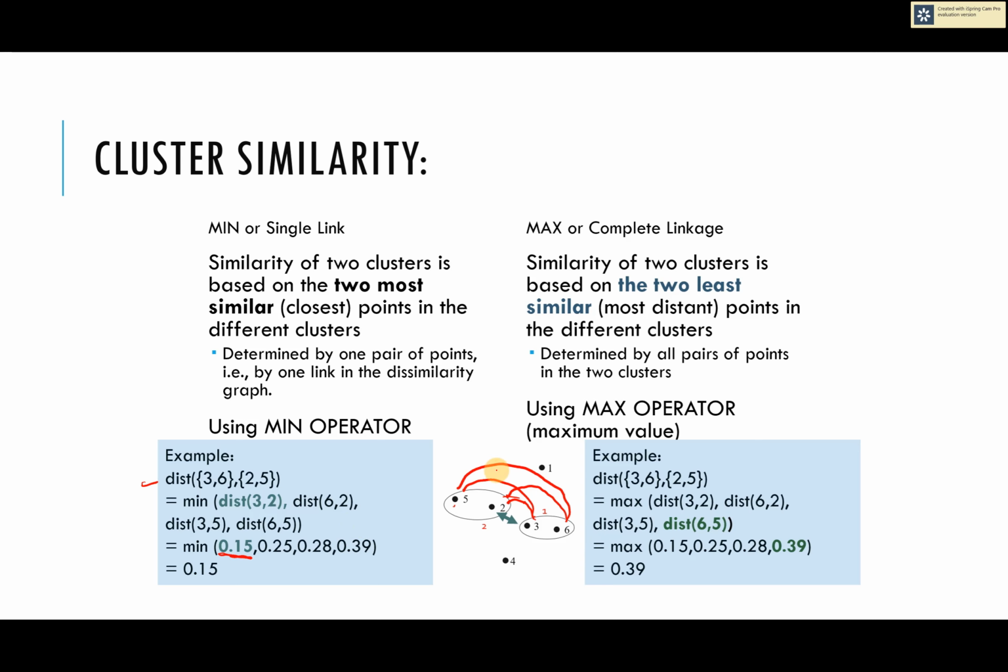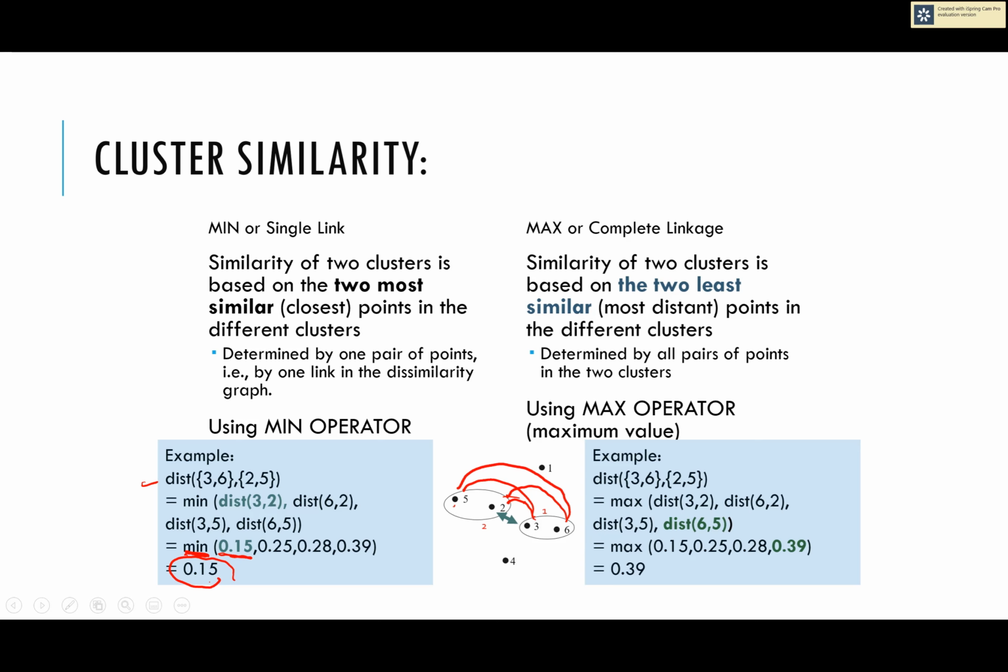We know that this is the farthest, right? I mean, this is the most far from other points. So we know that when we say that we want a minimum point, it will be distance of 3, 2 here. That will be 0.15. So the distance between these two clusters is 0.15, okay?